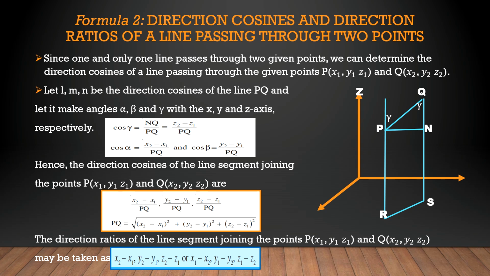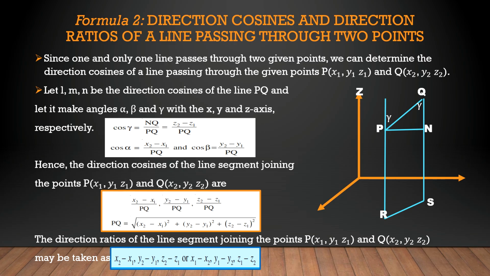Now the second formula is regarding finding the direction cosines and direction ratios when a line is passing through 2 points in space. So suppose you have a line which passes through 2 points P and Q. P has coordinates x1, y1, z1. Q has coordinates x2, y2, z2. Then the direction cosines will be given by the difference of the x coordinates upon the magnitude of PQ.